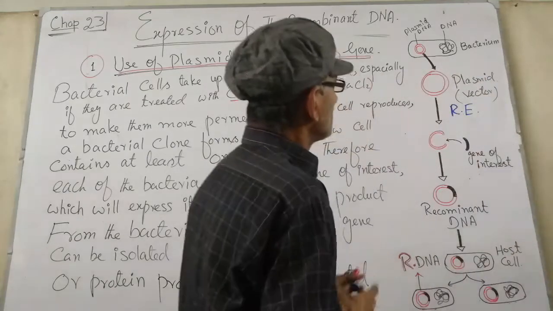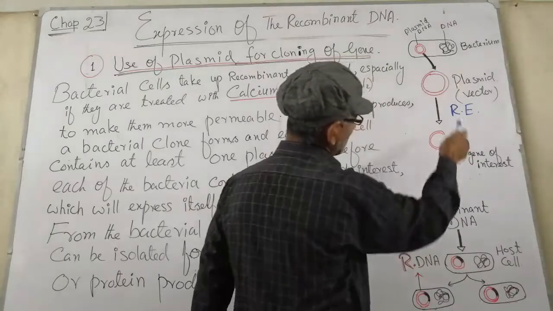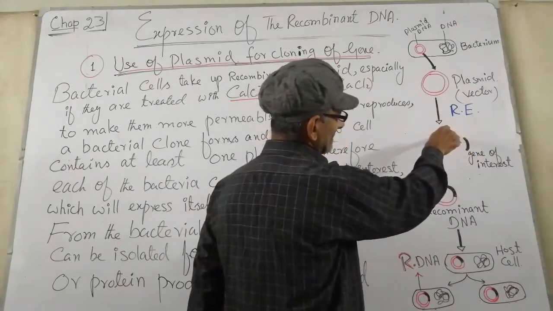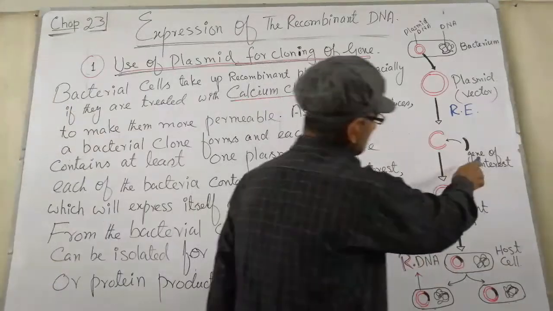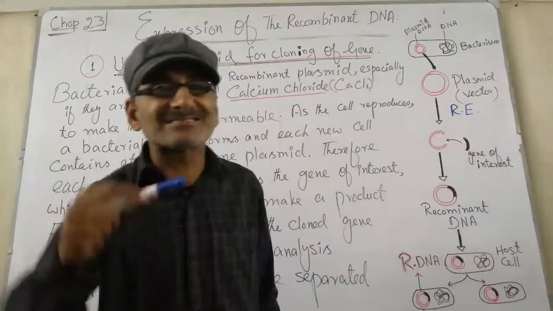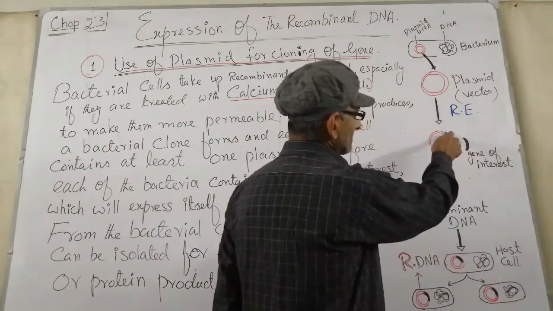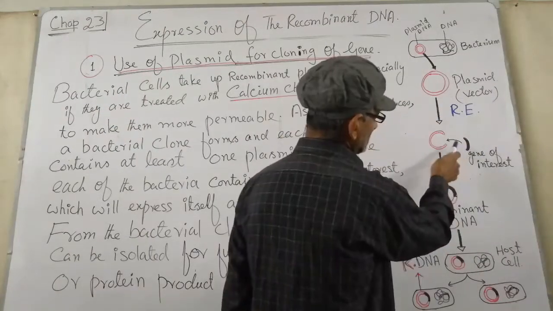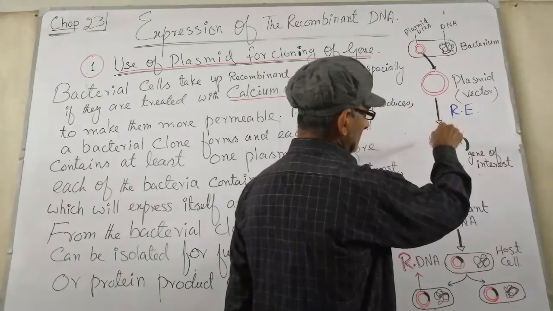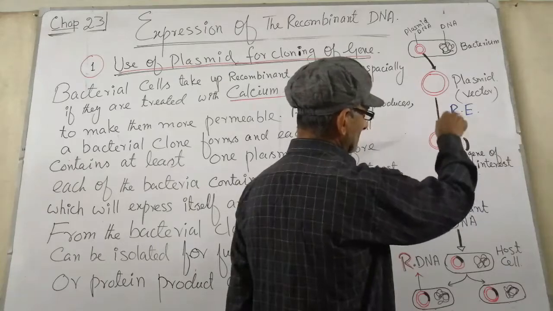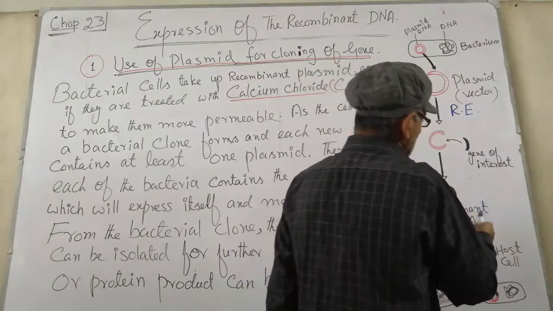When restriction enzymes are used, this plasmid can be cut and two sticky ends are produced. And then the gene of interest is inserted into the plasmid at the sticky end. When the gene of interest is placed on the plasmid on the sticky ends, recombinant DNA is formed.